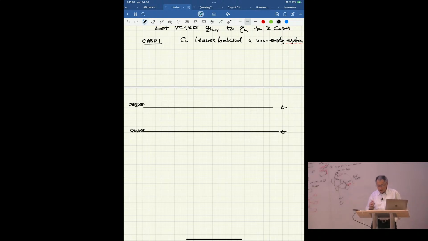I'm going to put Cn in black this time, if I may. Cn comes in at some point. He goes into service at some point. And he leaves. Now, the guy I'm after is Cn plus 1. He's a guy of interest. Suppose he comes in somewhere here. He'll go into service when Cn leaves, so he goes into service right here. A little while later, he leaves.